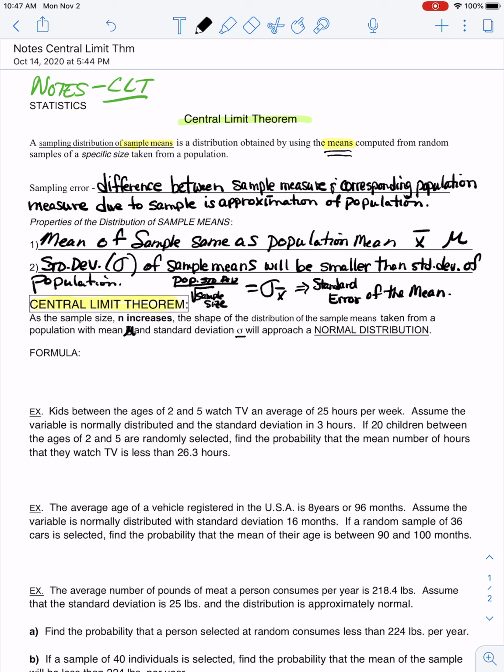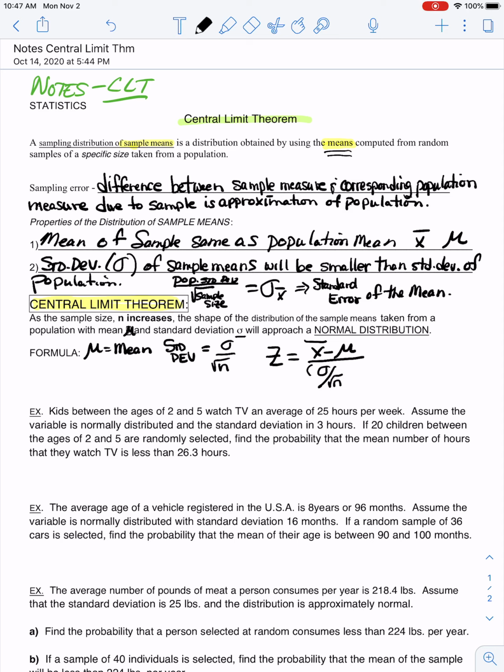Okay, so what we have is mu is your population mean. Okay, we're going to use standard deviation sigma over the square root of n, and that's going to adjust our z-score calculator to be x bar minus mu divided by sigma over the square root of n.